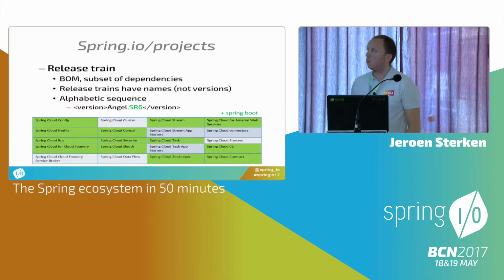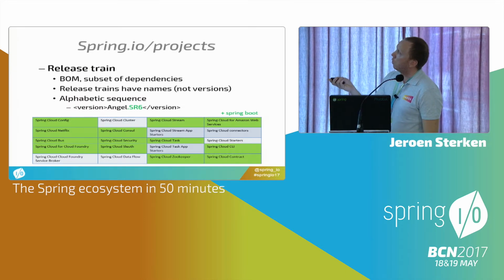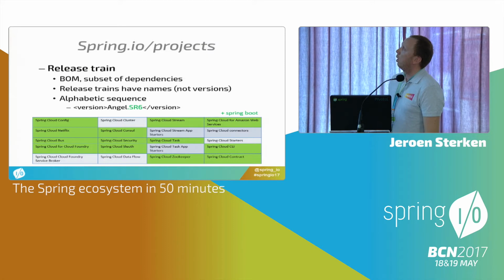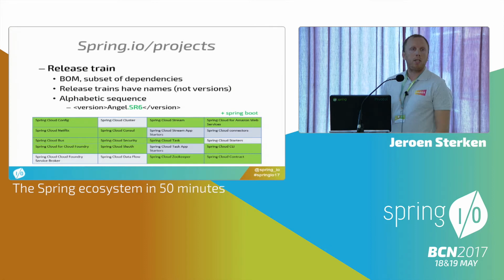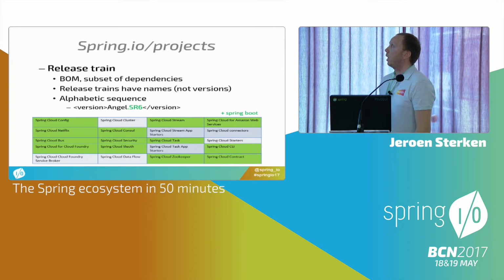As you can see here in the green, from all the Spring Cloud projects, these ones are released from time to time in a version which is not a number, but is in fact a name. You can see here we have the Angel version, and it's alphabetical, meaning that the first letter indicates what kind of version this is.